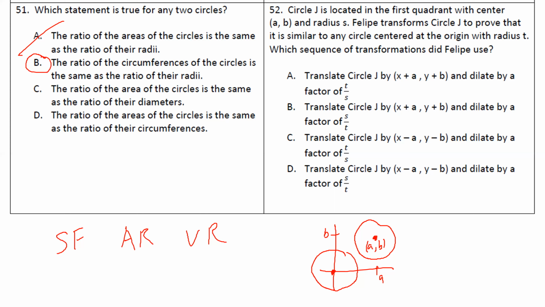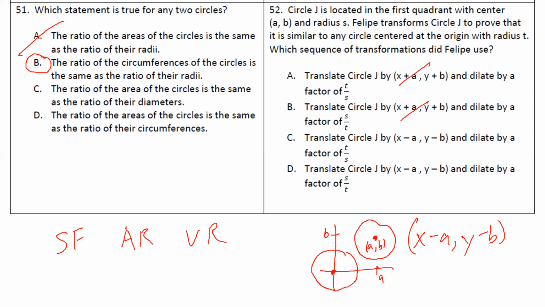Well, we'd have to subtract to go backwards and subtract to go down. So we're going to subtract the A value from the X's. So we'd have to have an X minus that A value to go backwards and Y minus the B value to go down. And that'd be our first thing. We'd have to translate by that. Well, options A and B say that we're adding, so those aren't it.